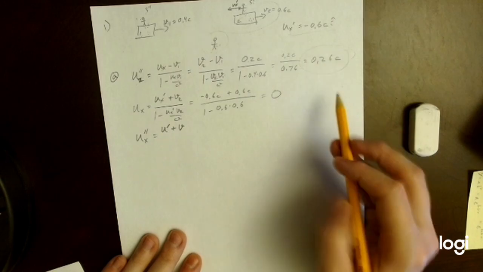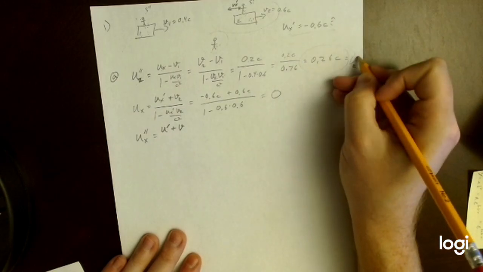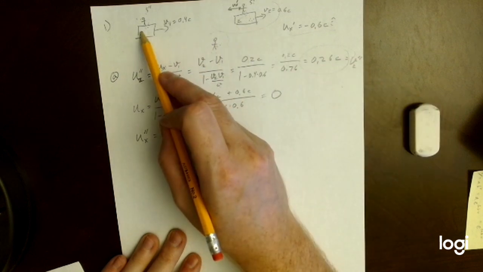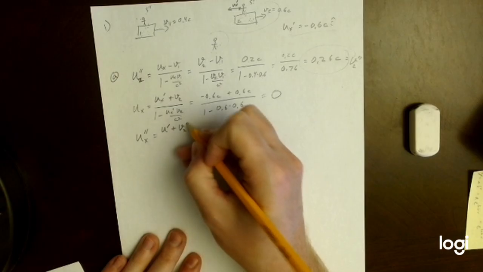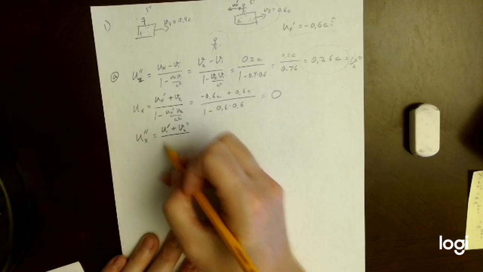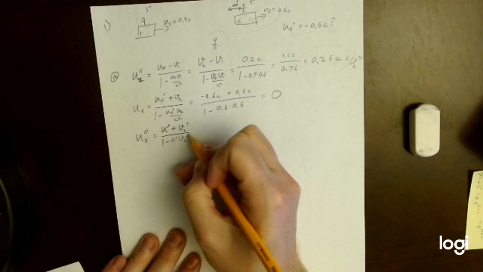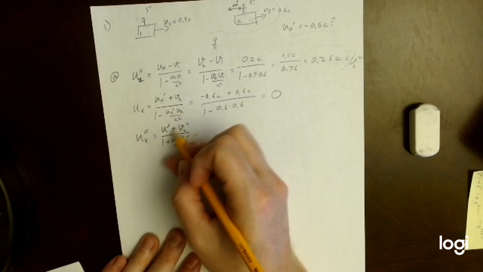as 0.26 c. This is effectively v2 as seen by this frame of reference. So I'm going to put this v2 double prime and 1 over u prime v2 double prime over c squared. Sorry, this is a plus, not a minus, because we've got pluses.